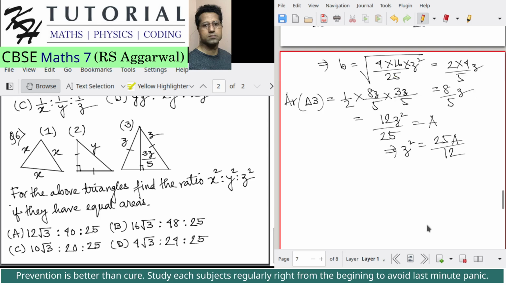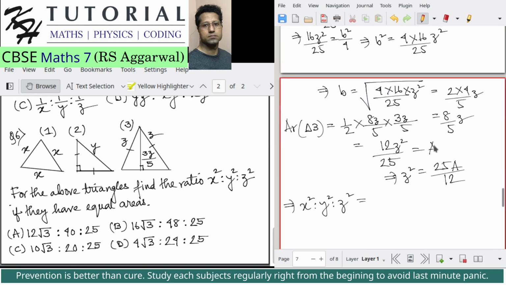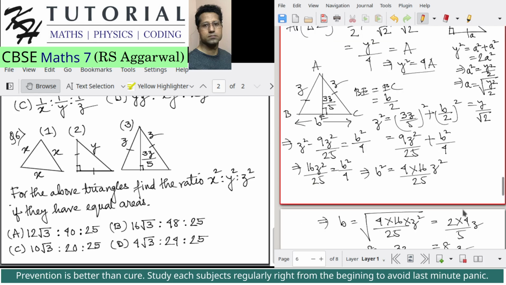So x square is to y square is to z square should be equal to 4A by square root of 3 is to y square, which is 4A.